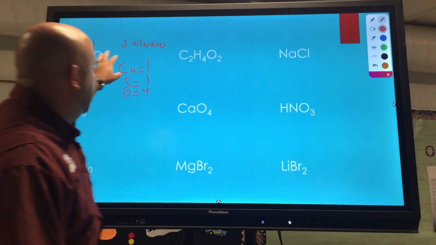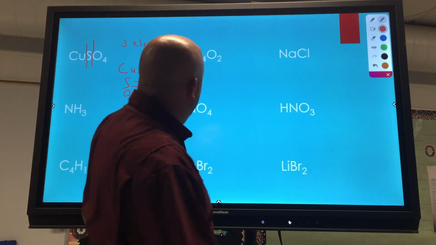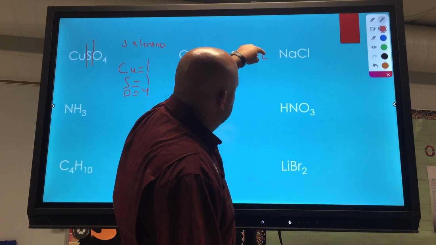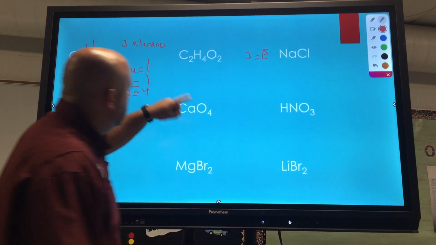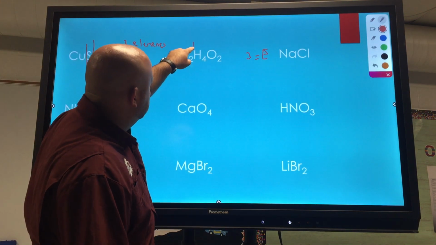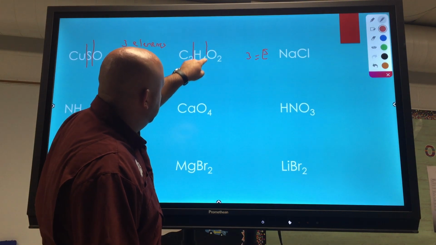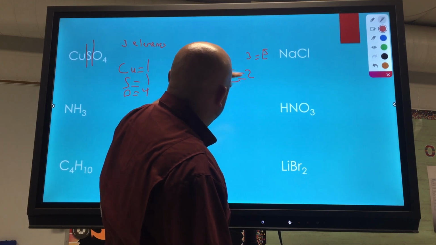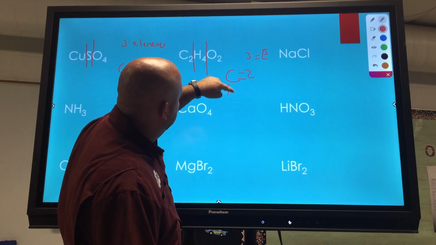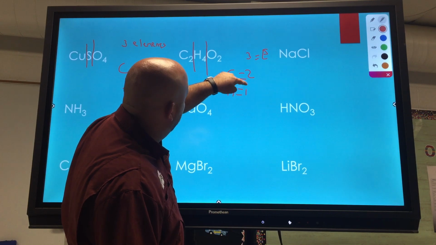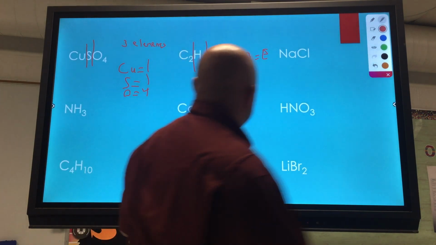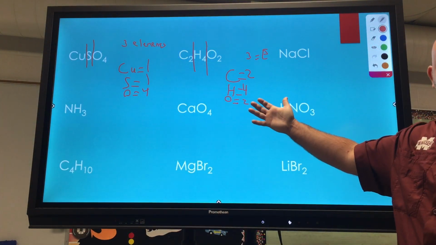All right, so how many elements here? 1, 2, 3. There's 3, and I'm just going to say capital E means elements. So I'll break this down, makes it easier. So there's 2 carbon, 4 hydrogen, 2 oxygen. You see how easy that is?